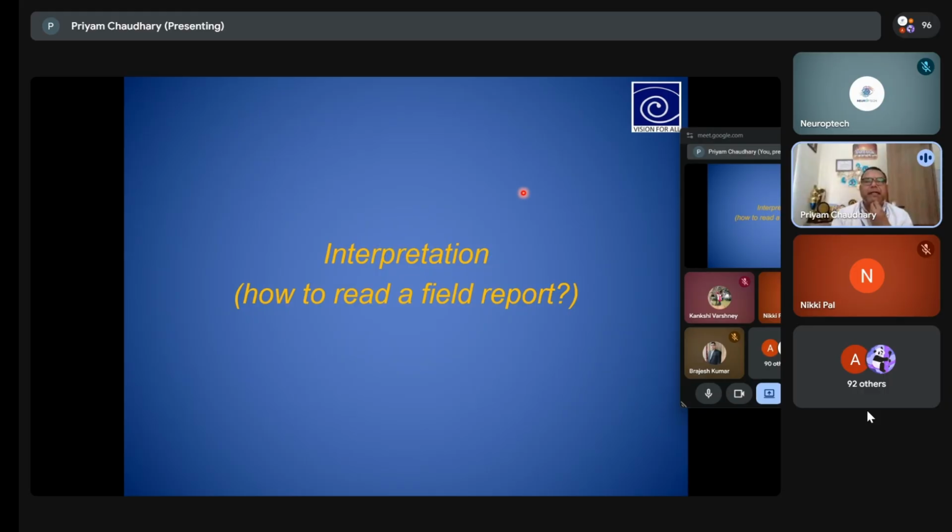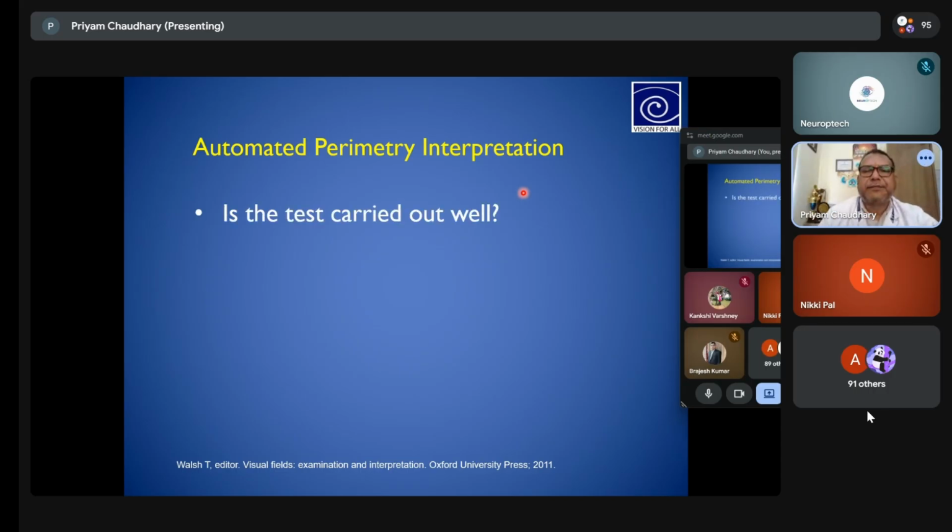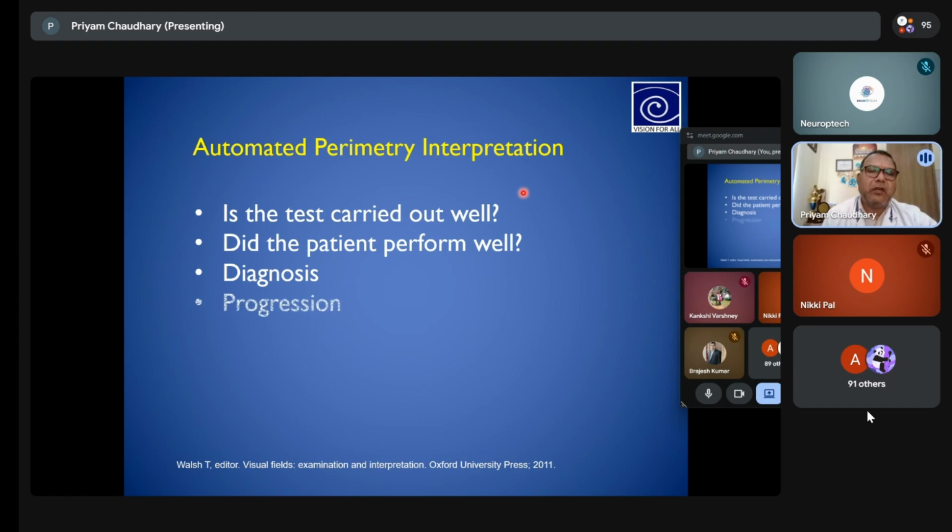How do we interpret the HVF reports? In automated perimetry: is the test carried out well? Did the patient perform well? Diagnosis, progression.